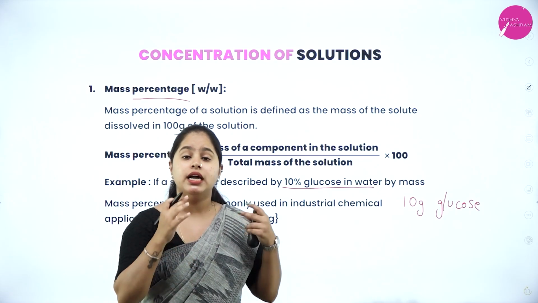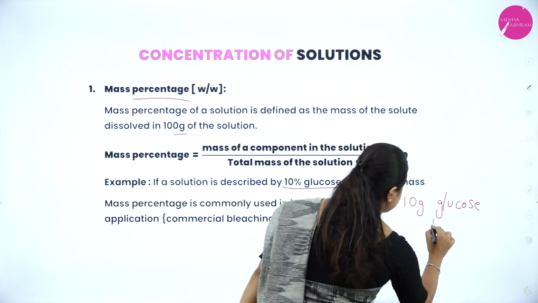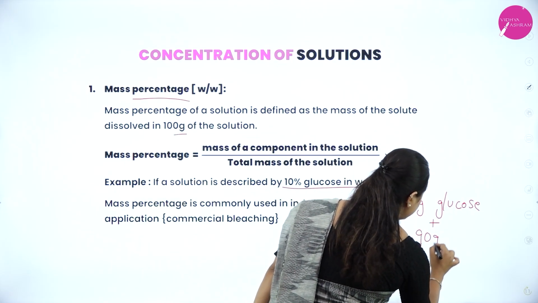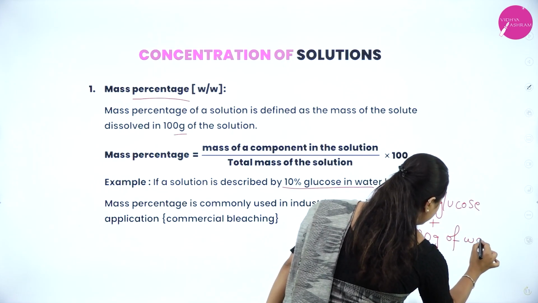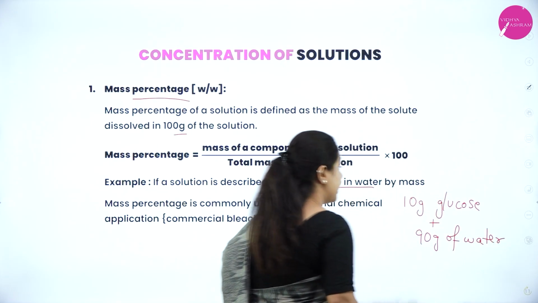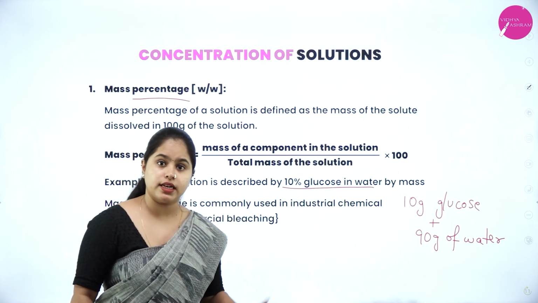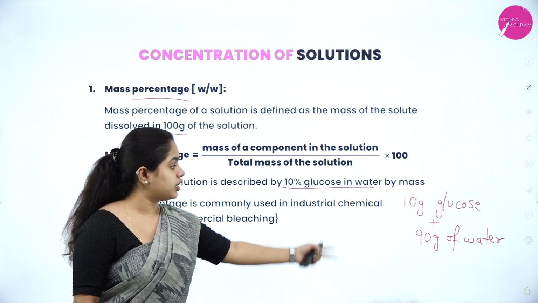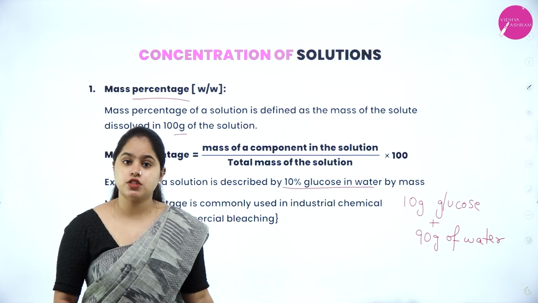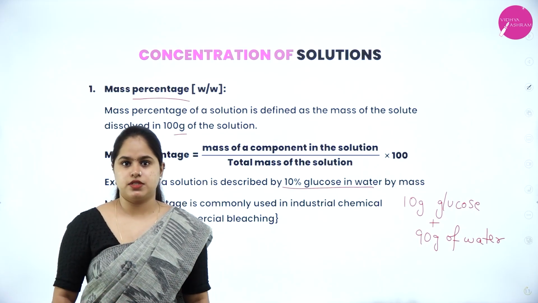So that means 10 gram of glucose is dissolved in 90 gram of water. That is what it means. 10 gram of glucose dissolved in 90 gram of water gives a total mass of the solution as 100 grams.